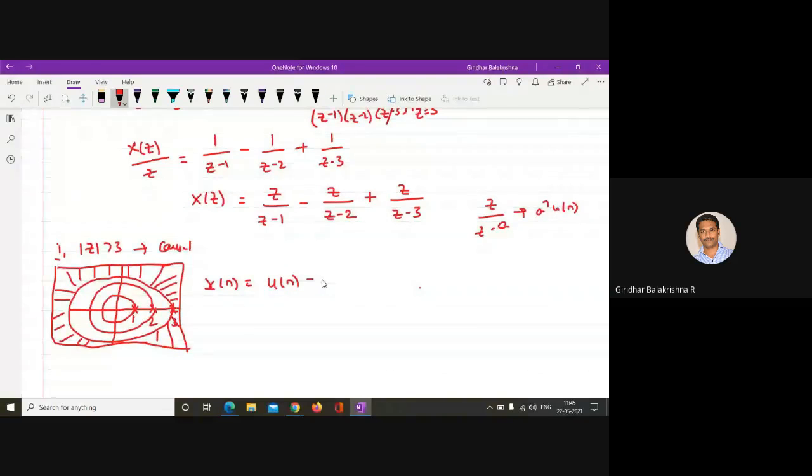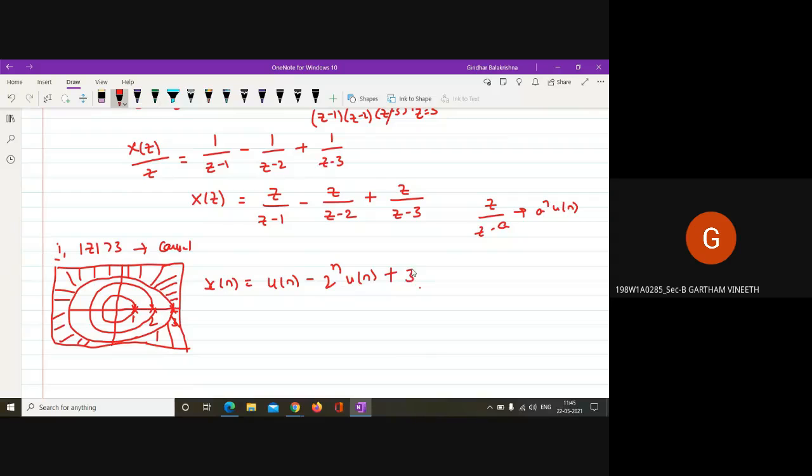Next, what is the second one? Z by z minus 2, as we are having minus, I am representing minus 2 power n into u of n, plus, same sign, for z by z minus 3 it is 3 power n into u of n.